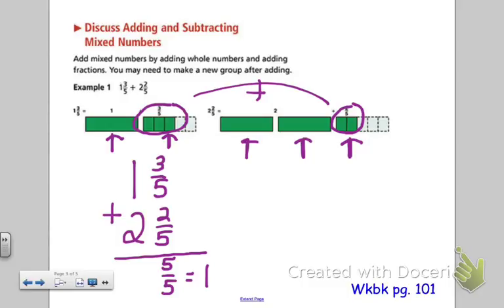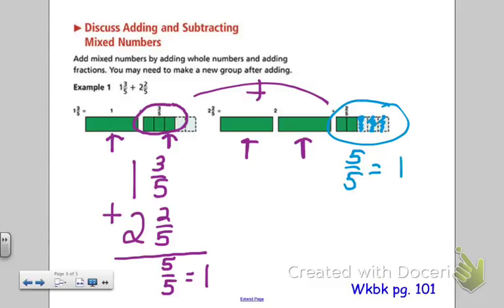Let's do this. I'll do a different color so you can see it. We have our 2/5 here, and now I'm going to add another 3/5. So here's 1/5, 2/5, 3/5. That's why 5/5 is going to give me one more whole.